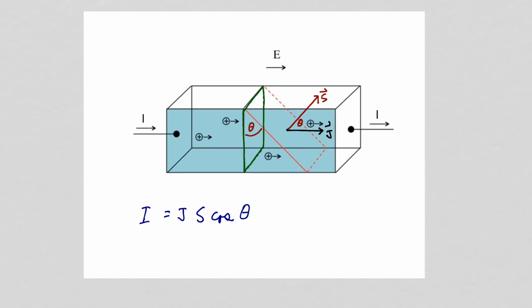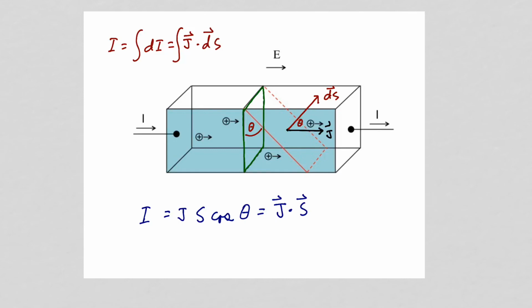This is just the definition of the dot product between the current density and our surface S. If this were a surface differential, part of a larger surface you're integrating over, then we'll call this dS, and now the part of the current going through our differential surface would be J dot dS. And so to get the total current, you would integrate over your surface of J dot dS.